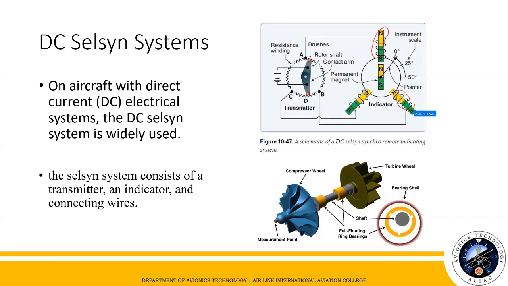Pag nag-rotate yan, okay, may mag-transmit dito and transmit dito. So, itong pointer na to, habang nag-rotate to, tinutulak niya si pointer papunta dito sa 25 degrees. Okay, ganun yung nangyayari.